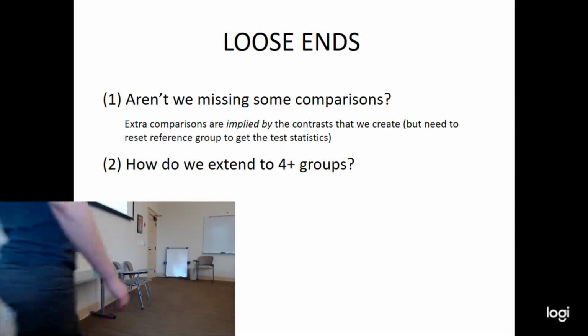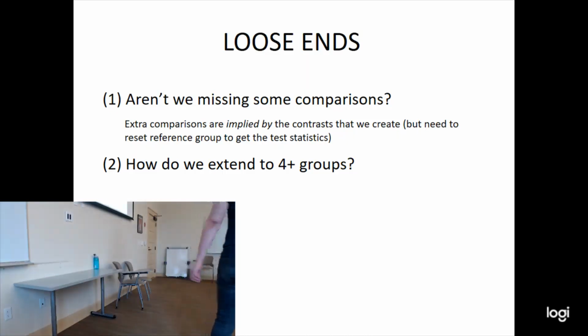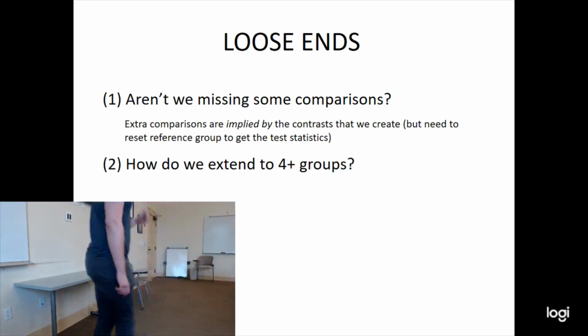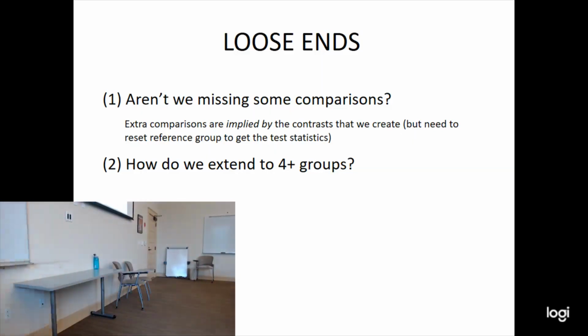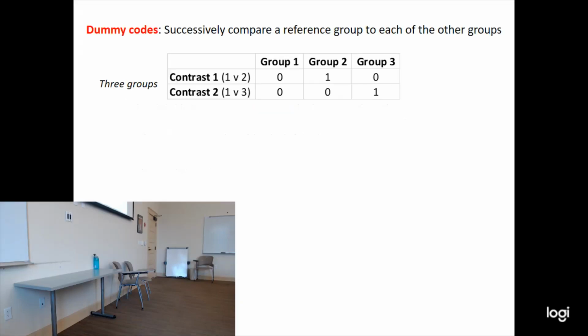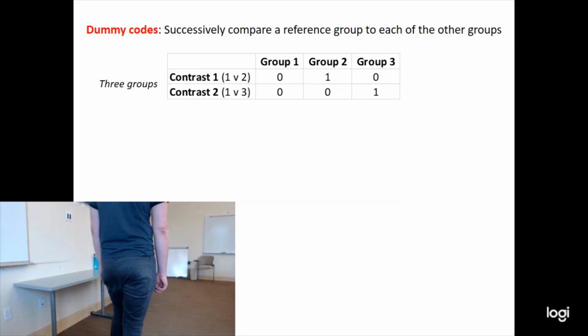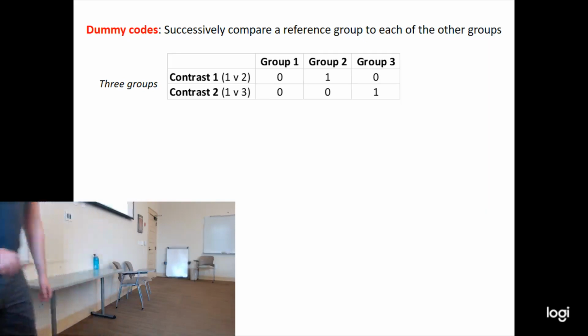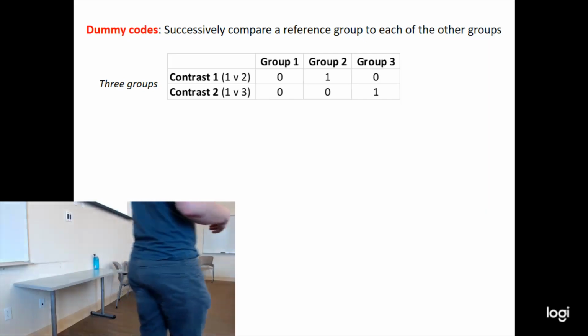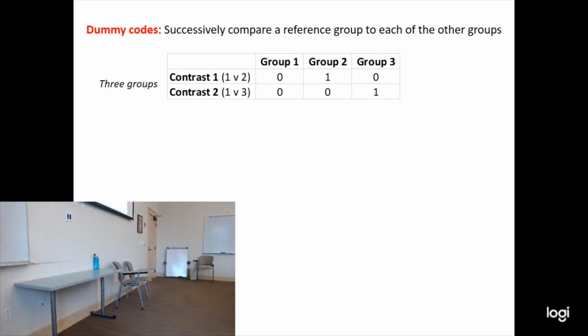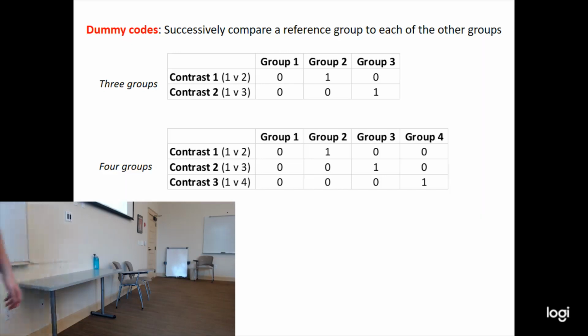So I've already forecast a little bit how you extend to more complicated designs. We've so far been looking at this 3-group design where we only have 2 mechanical variables. So that's this set of contrasts right here. In order to extend to more complicated designs where you have, say, 4 groups or 5 groups, all you have to do is add an extra mechanical variable and rotate which group gets the one.